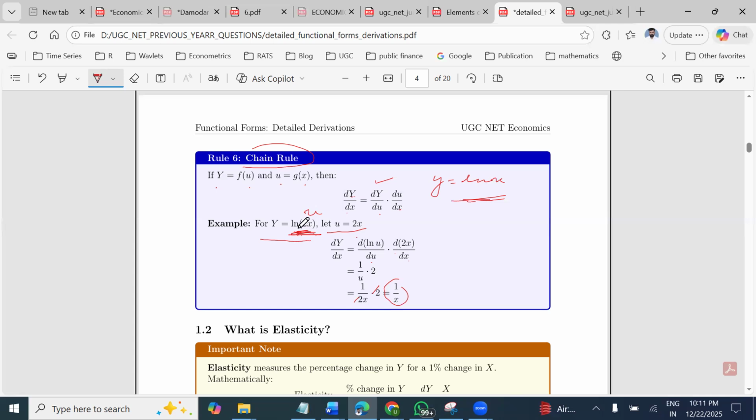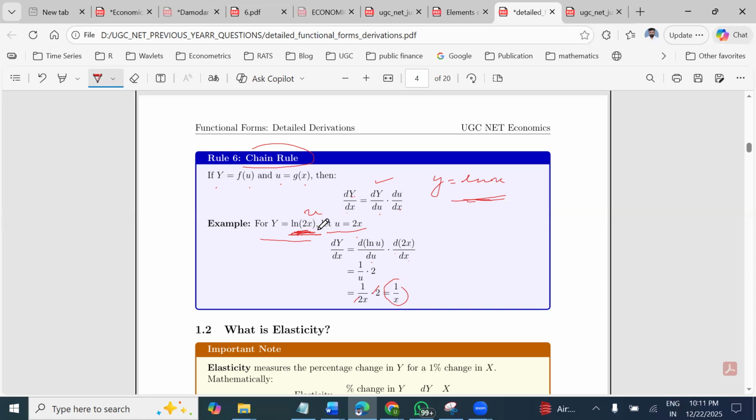Ajay, what is your take? Because you are teaching mathematical economics, let Ajay answer. Sangita has asked a good question. Sir, in the questions it will be like 5x plus 2x square, so we can take u as 5x plus 2. Don't change the question.